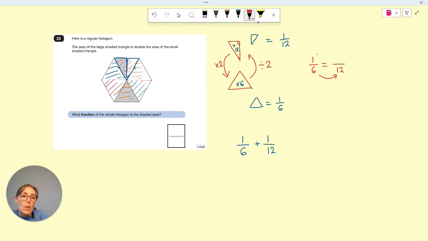And I'm going that way because this is a 1 at the top, so I don't really want to put half at the top. So 6 times 2 is 12, and 1 times 2 is 2. Because it's over the equal sign, what we do to the top, we've got to do the same to the bottom. So 6 times 2 is 12, and 1 times 2 is 2.